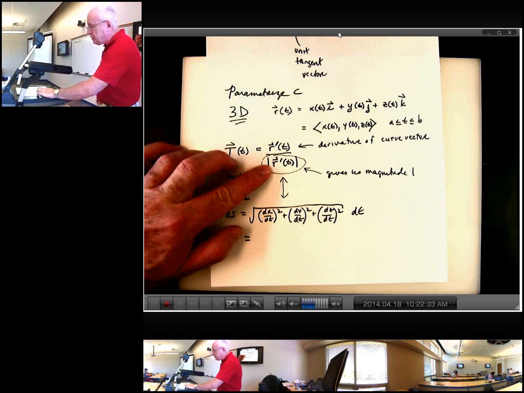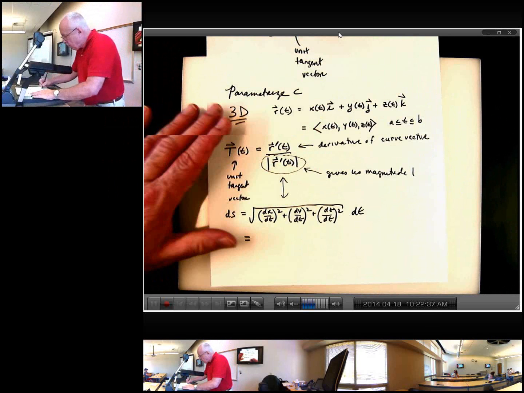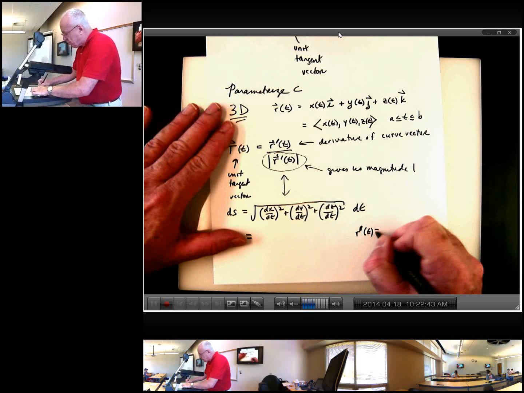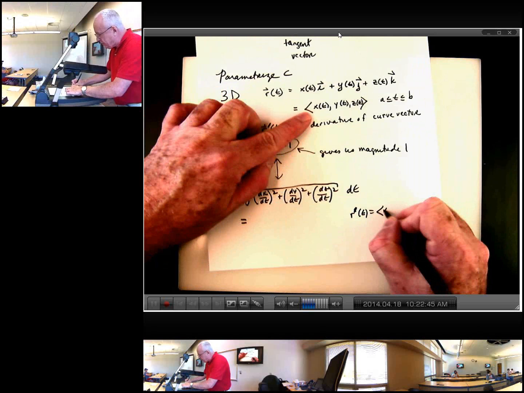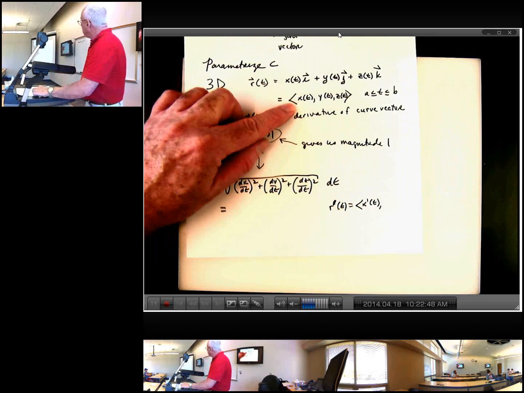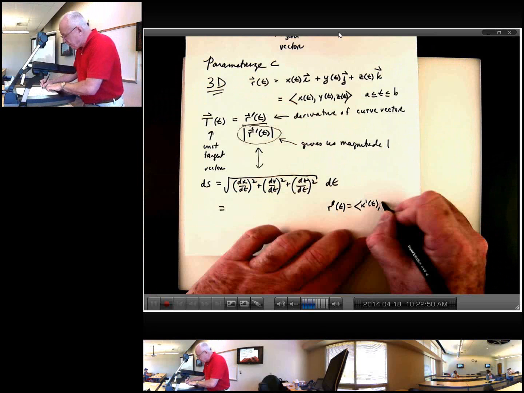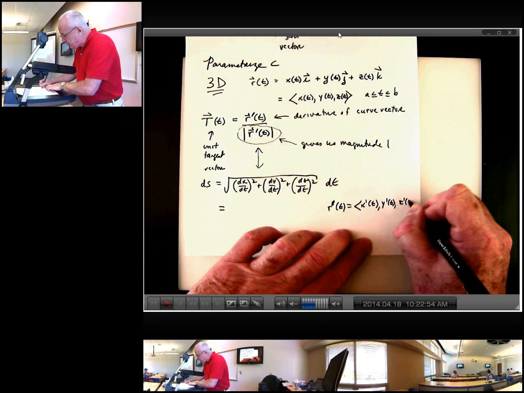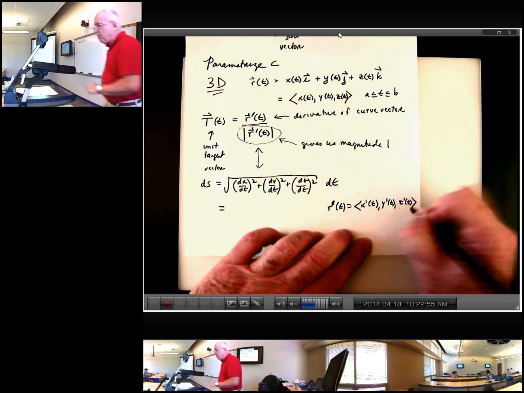The derivative of the curve, of course, r prime of t, well, that's just equal to the derivative of each of the components, right? Derivative of the x component, derivative of the y component, derivative of the z component, all right?